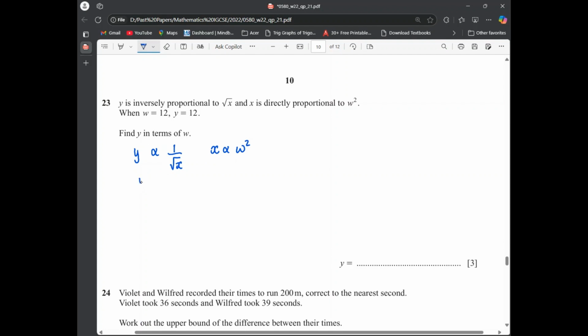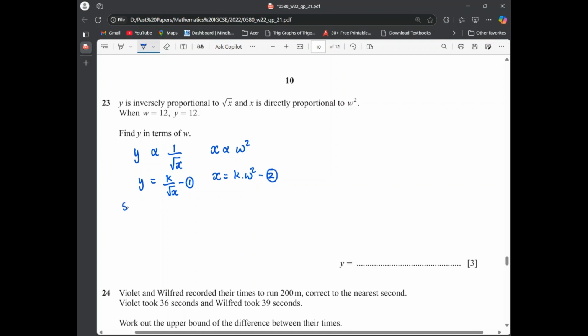To make these equations, I need to introduce a constant k. So I'm going to say y equals k divided by the square root of x, and likewise x equals k multiplied by w squared. That's my first two equations. I'm going to label that equation 1 and this equation 2.